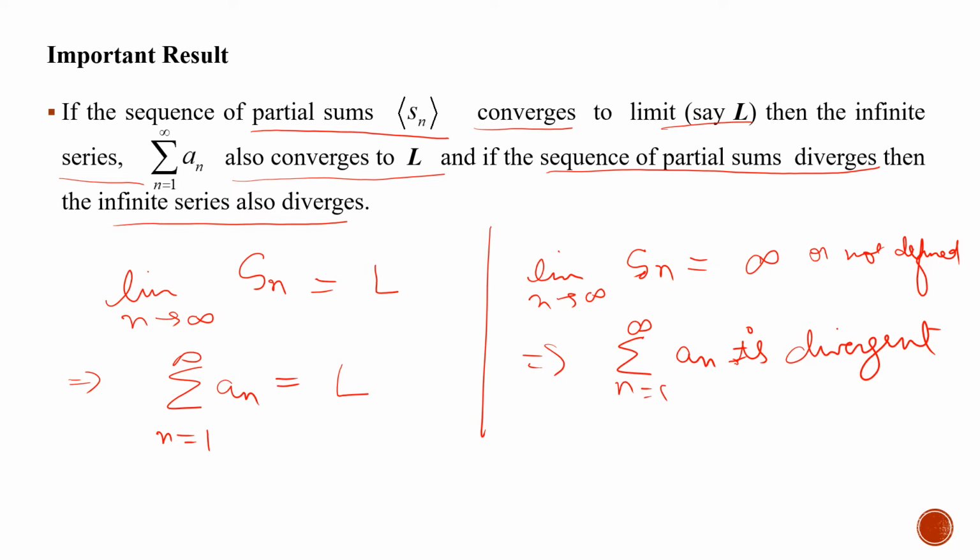Now it is important to know that there are only a few series for which you can find the sum, like the geometric series and the telescoping series, which I'll discuss further. For other series, you can tell whether it is convergent or divergent, but you cannot find its sum. So let's see the geometric series, for which you can find the sum also.